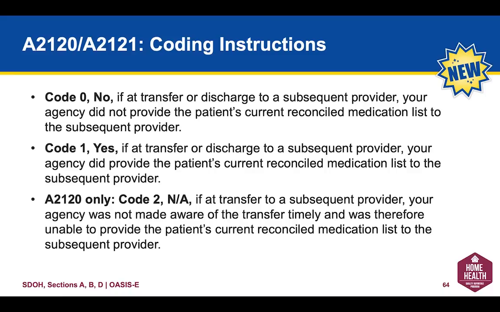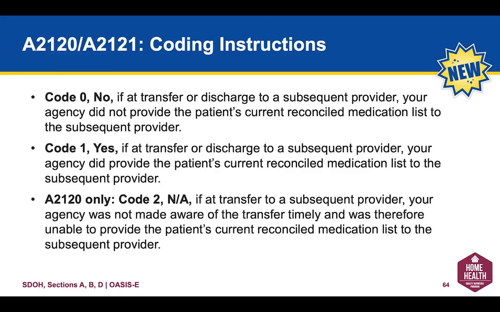Again, based on the responses in M0100 for A2120 and in M0100 and M2420 for A2121, if at transfer or discharge to a subsequent provider, the agency did provide that current reconciled medication list to the subsequent provider, the assessor would code 1 yes, and then move to complete the next data element, A2122, route of current reconciled medication list to subsequent provider.